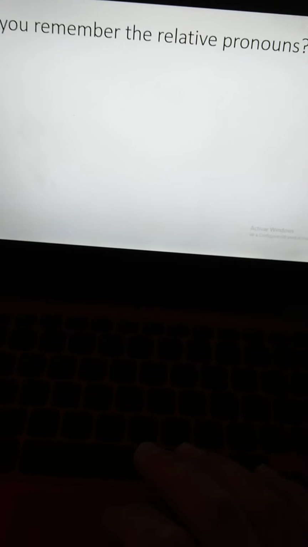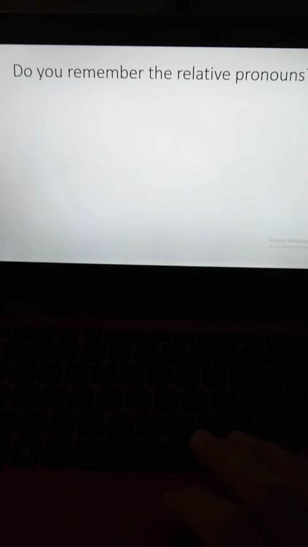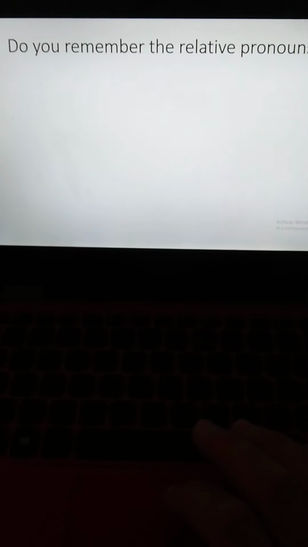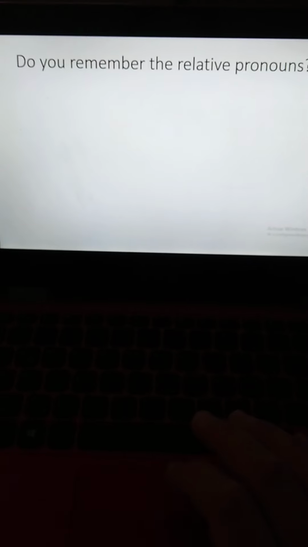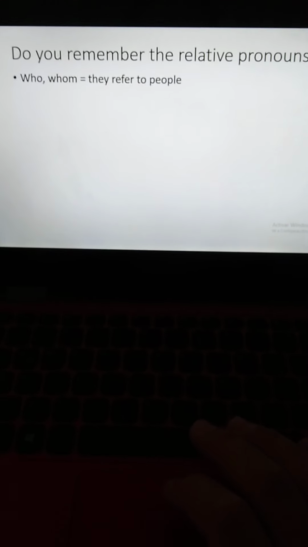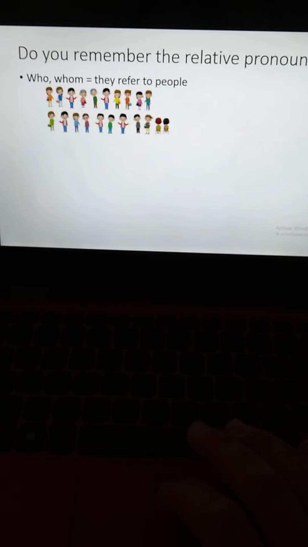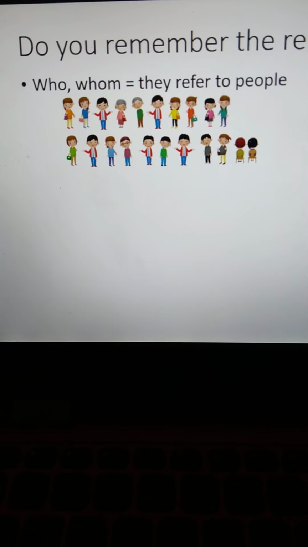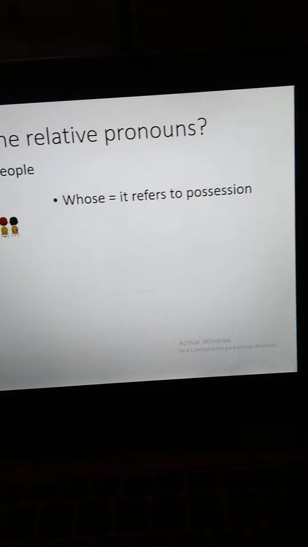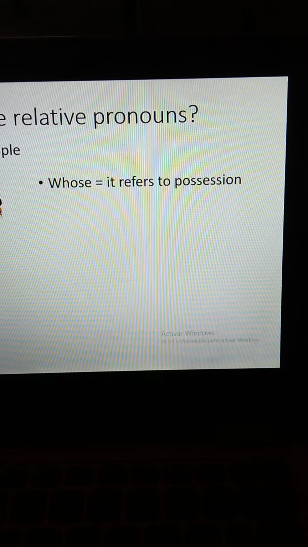Okay? So, do you remember the relative pronouns? I bet you do. We were working on them for a long time in the last book, okay? So, who or whom refer to people. And then you have whose, which refers to possession, things that belong to someone.